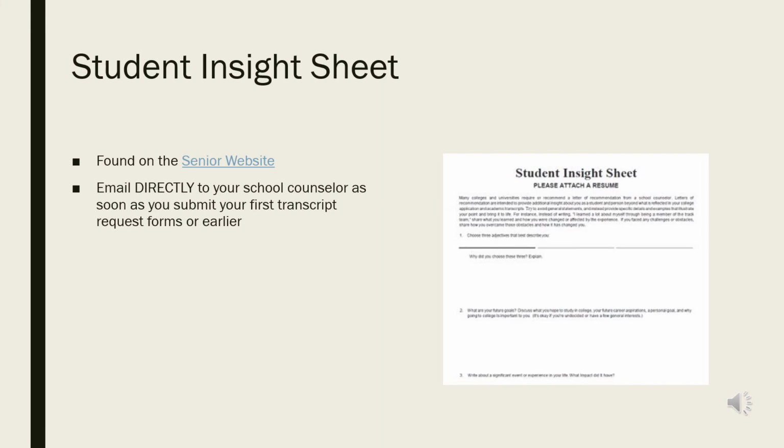This form is due at the same time as the transcript request form, or it would be recommended that your student also send it before that deadline. That way, their counselor can begin the writing process for their letter of recommendation.